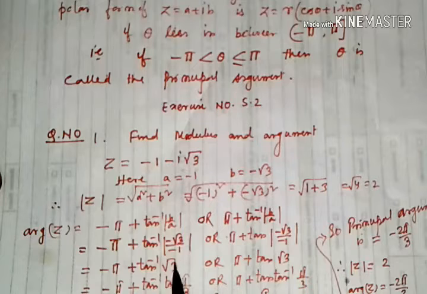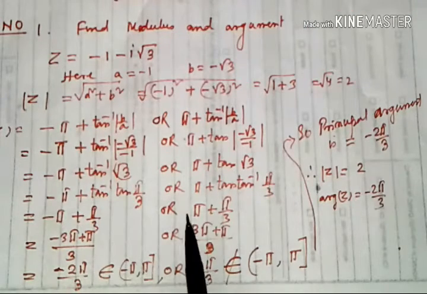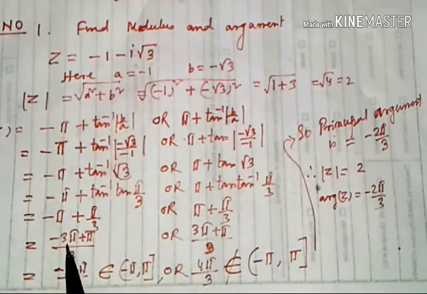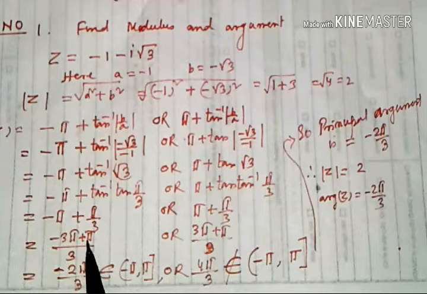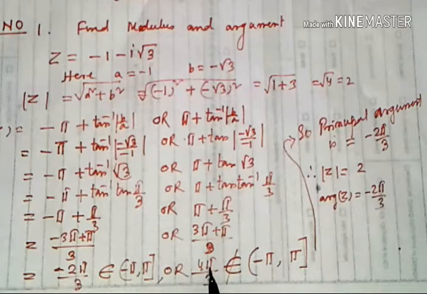Therefore tan inverse root 3 is pi by 3. So we get minus pi plus pi by 3, or pi plus pi by 3. That is minus 3 pi plus pi over 3, minus 2 pi by 3, or 4 pi by 3.